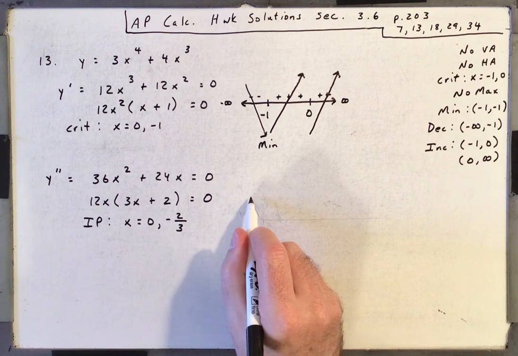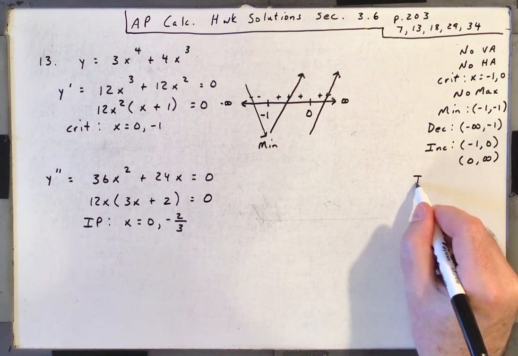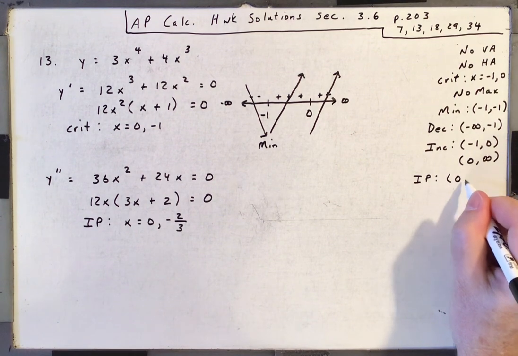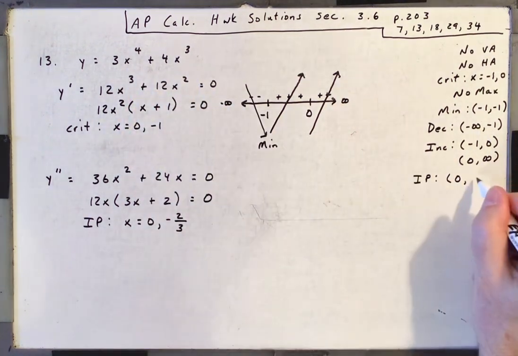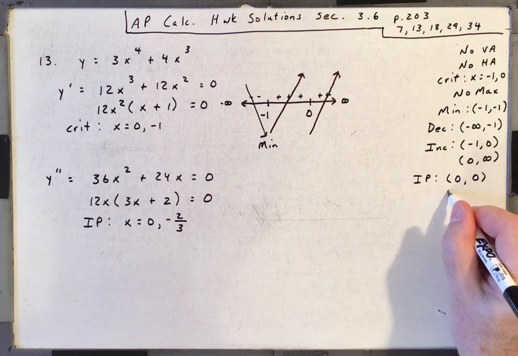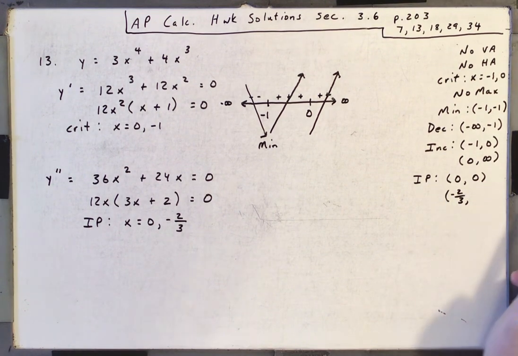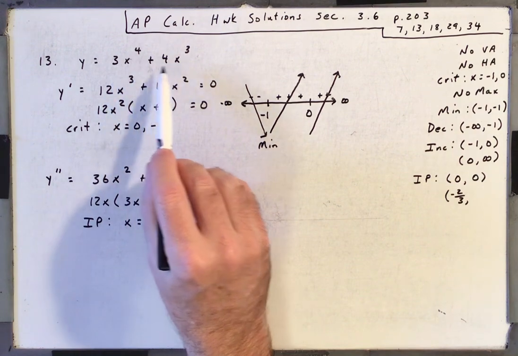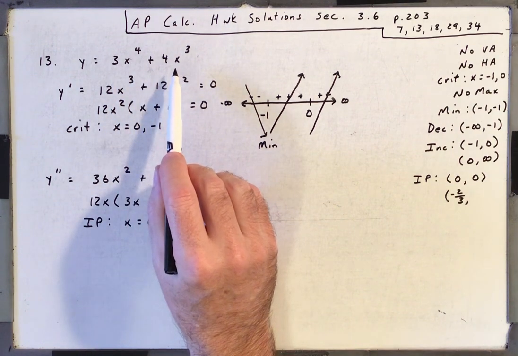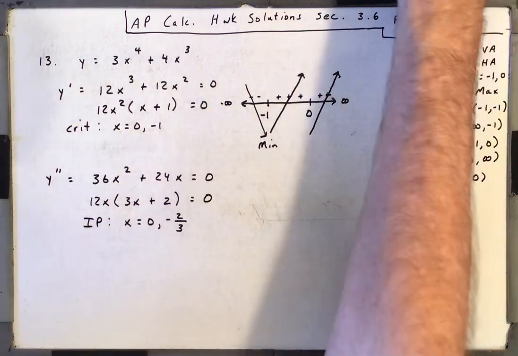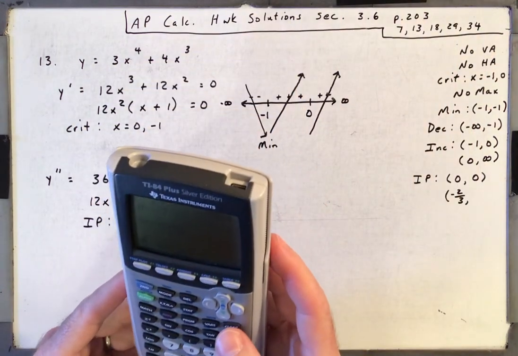Okay, let's go ahead and write that in. Our inflection points occur at 0, and then if I plug 0 in, I've got 0 here. And also negative 2/3. And if you plug in negative 2/3, let me show you how to get this. Let's see if we can get this in a fraction. Let me just take a moment here.